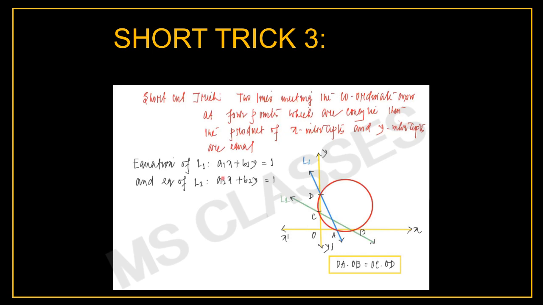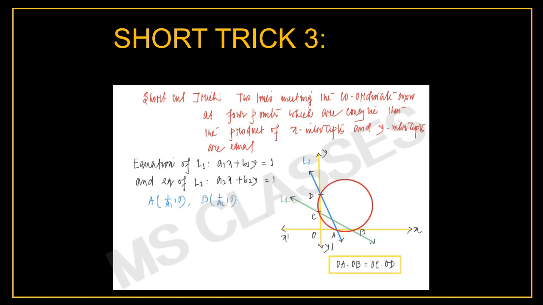So these are the two line equations we have taken. Now first of all we'll find A and B. We can find them by putting y equal to 0 here, and we get the coordinates of A. Similarly, we can find the point B by putting y equal to 0 here. For A, we have 1 by a1 comma 0. For B, we have 1 by a2 comma 0.